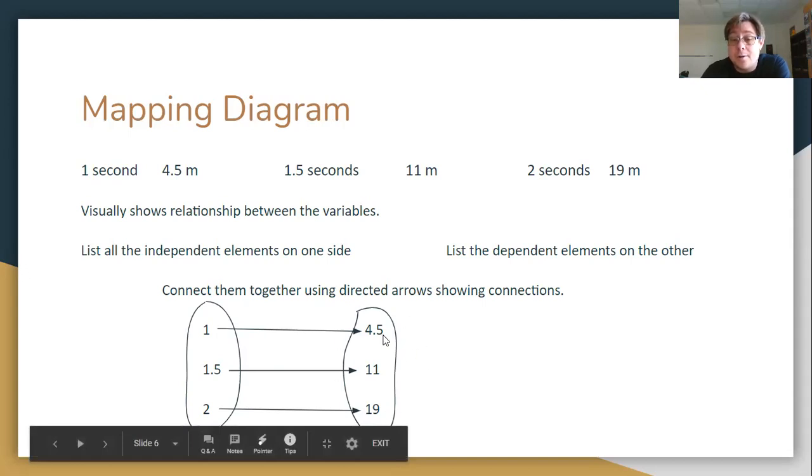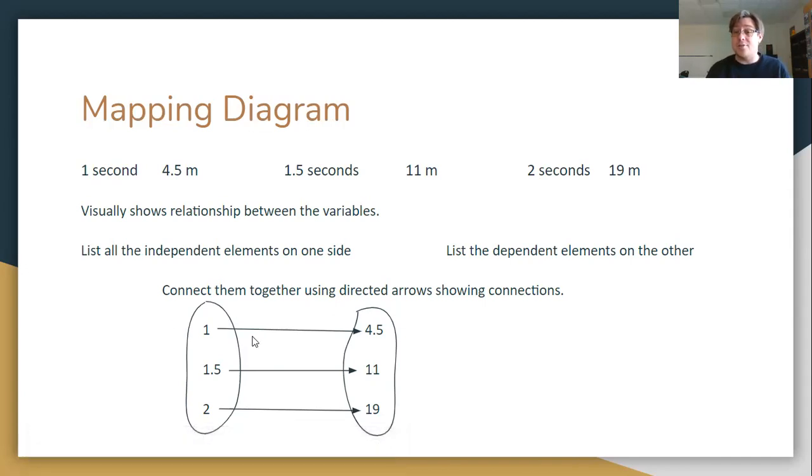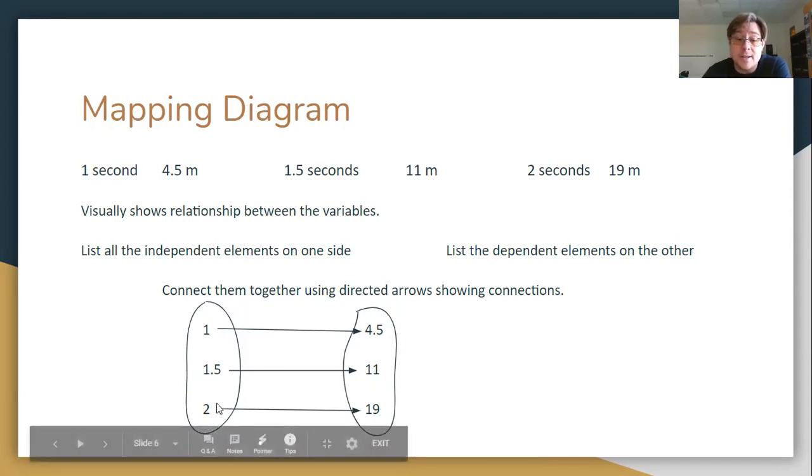I'll then write our outputs, which were our 4.5, our 11, and our 19. Put circles around them, and then you show the relation between each one using a directional arrow. So we have an arrow going from 1 to its matching output, 4.5, from 1.5 to 11, and from 2 to 19. So this whole little diagram, our inputs, our outputs, and the arrows connecting them, is our mapping diagram.